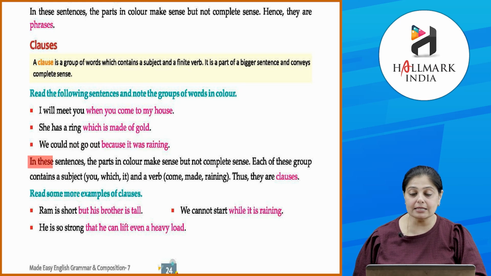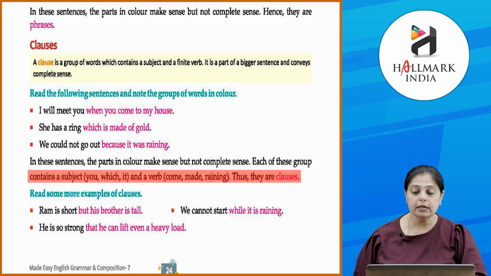So in these sentences, the colored part, जैसे when you come to my house, which is made of gold, because it was raining, they make sense, but not complete sense. Each of these groups contains a subject, you, which, it, and a verb, come, made, raining, thus they are clauses. Alright, so let's look at some more examples of clauses.